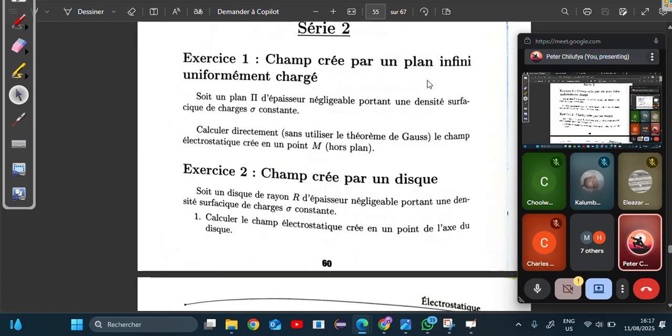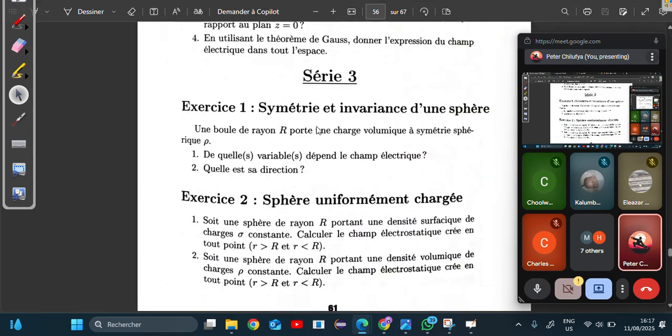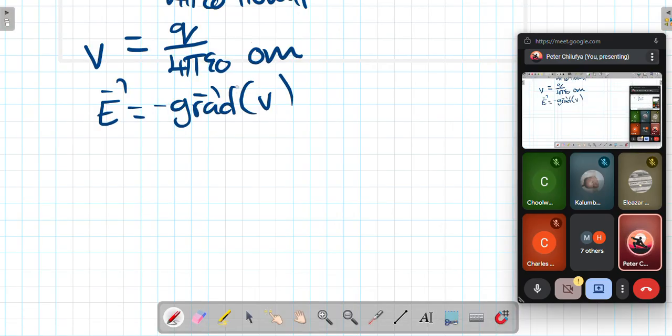I'm going to describe what an infinite plane is before we even start solving, and then how to go about it. So how do we calculate the electrostatic field? There are a lot of methods that we can use.